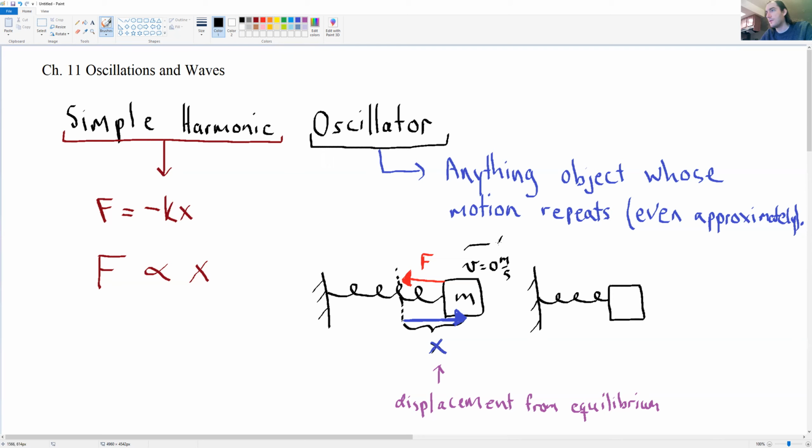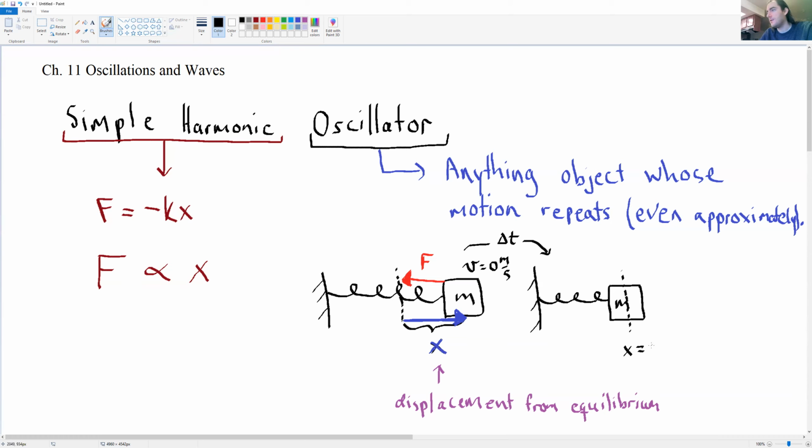So what we're saying is an amount of time delta t has passed here now to get to this next state of motion, so to speak. And now we're right at the equilibrium position.